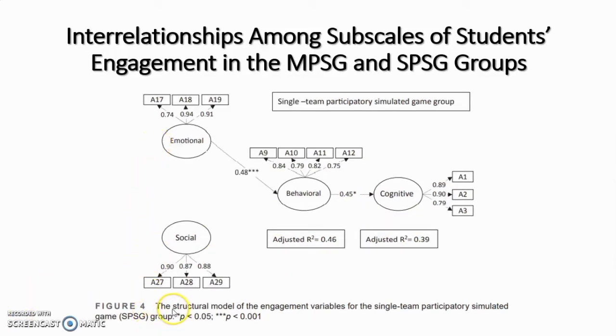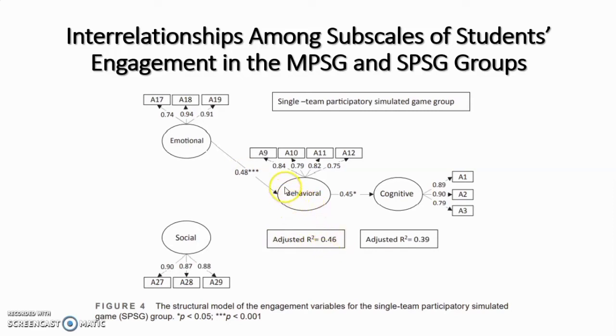Figure 4 was the structural model of engagement variables in the SPSG group. In the SPSG group, emotional engagement was a positive and significant predictor explaining variation in behavioral engagement, where the path coefficient equals 0.48 and adjusted R-squared equals 0.46.